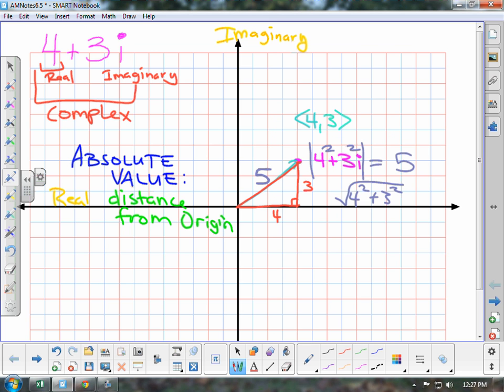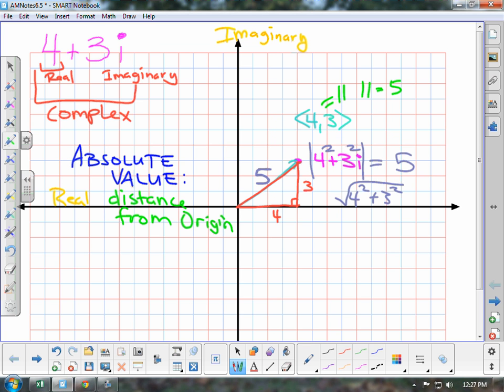Now that relates to a 3, 4, 5 triangle, and as you recall from your last week of working with vectors, that would be the magnitude of this vector. Those are all the same thing, or related to the same thing. And so the absolute value of the complex number 4 plus 3i is 5.